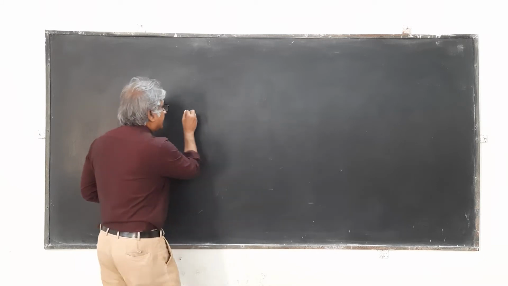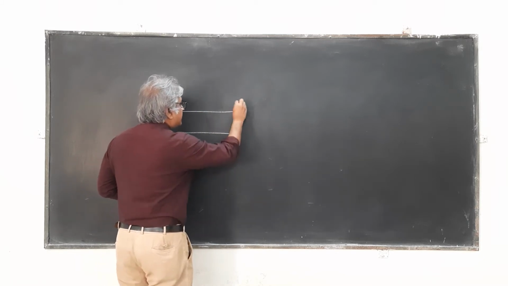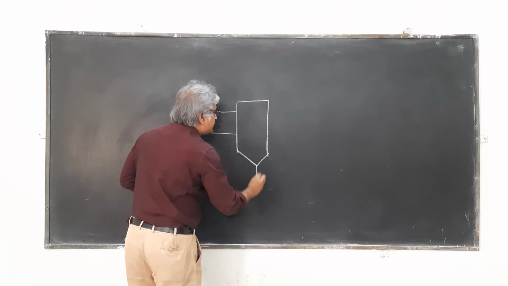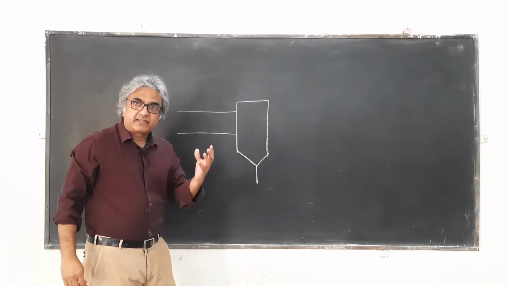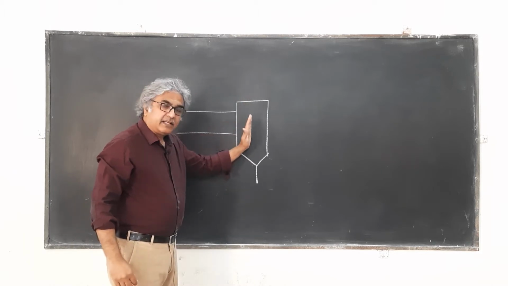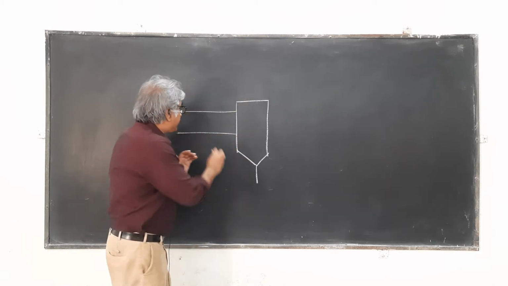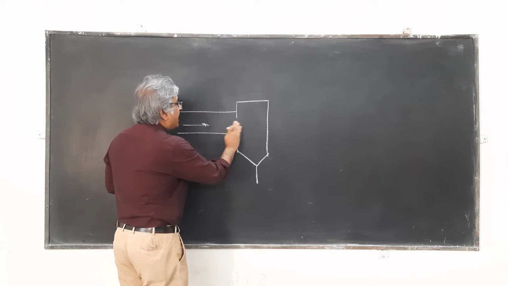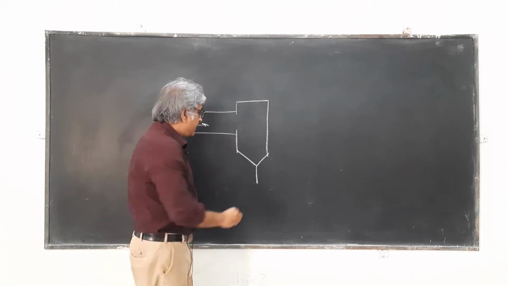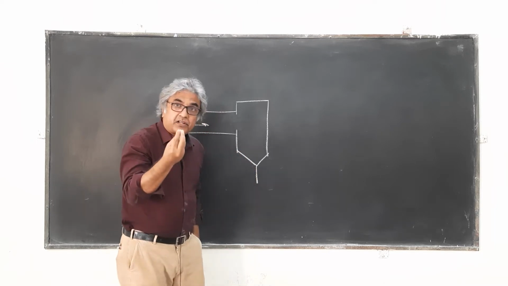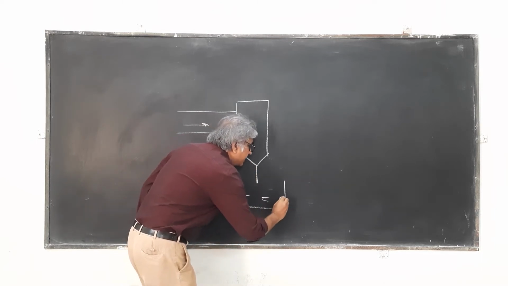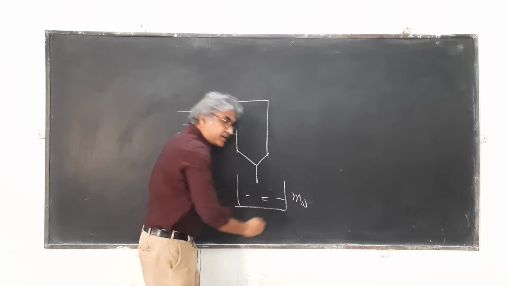One can imagine the process something like this. Let's say this is a device through which you pass the steam. You can show there is some obstacle in the passage of steam, and the steam will hit that plate. Let's say the water would trickle down. This could be measured, and let's say this is water.